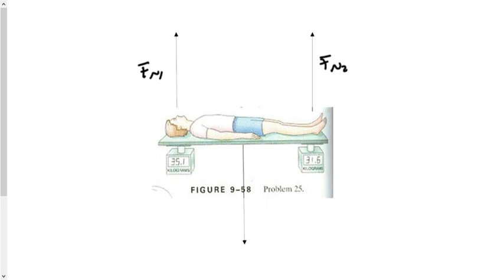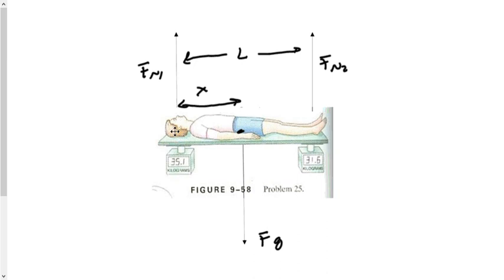And then let's just call this the force gravity of the person. Remember, all of his gravity is going to look like it comes from one point, the center of mass of the person. So let's just call that this right here. And of course, we'll know the length from here to here. Let's just call that length L. And let's call our distance going from here to there just x. We just don't know what that is.